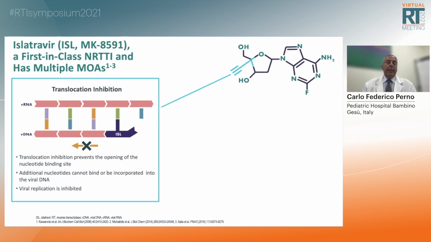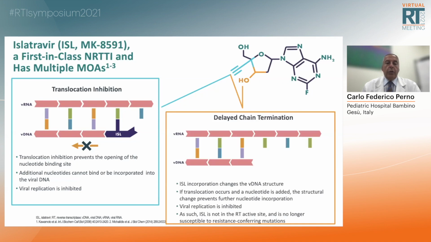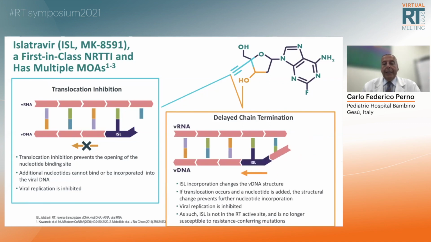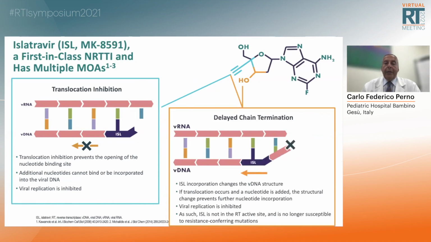In other words, there is no chance for the reverse transcriptase to bring closer to the remaining part of the DNA chain the next nucleoside. So it's a dual mechanism that lets the drug be very effective and with a high genetic barrier. We will certainly have the chance in other situations to discuss more the issue of the genetic barrier.